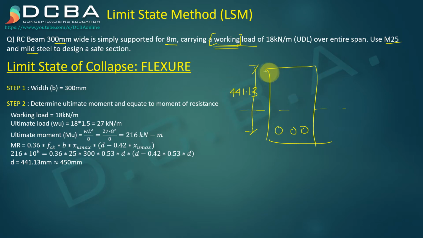When you make it 450 mm, what you are doing is that you are increasing your compression area.